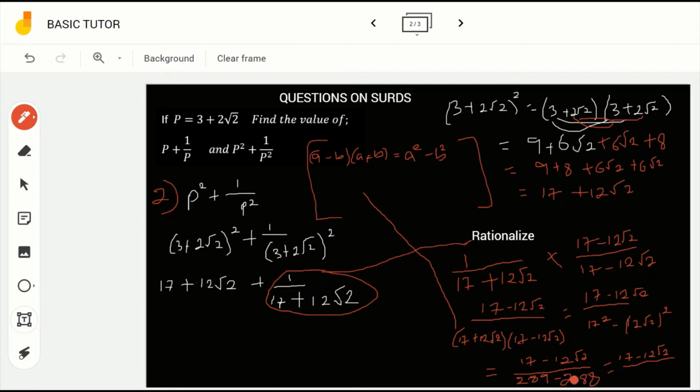So 289 minus 288 is 1. So when we rationalize 1 over 17 plus 12 root 2, we get 17 minus 12 root 2.